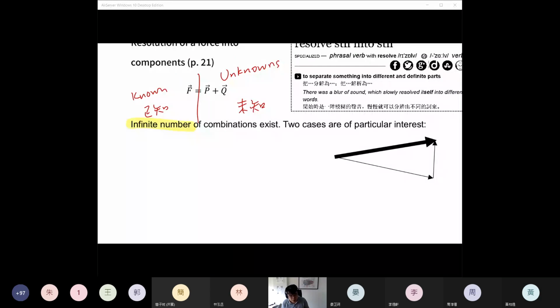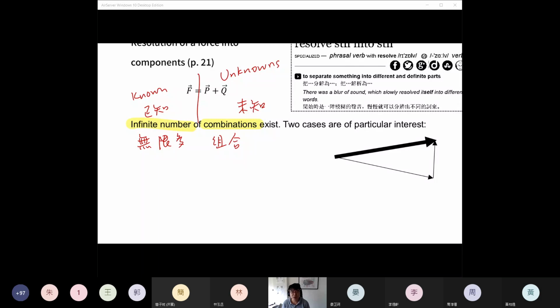But in this case, how many combinations do we have? We have an infinite number of combinations.